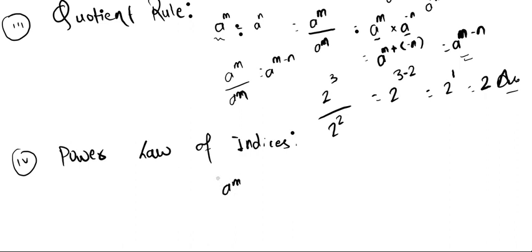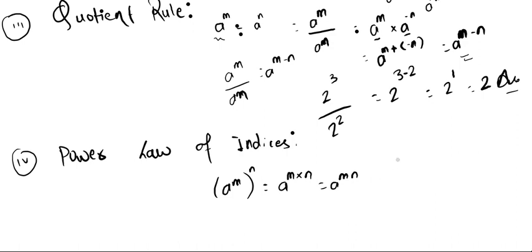Now if I again give a power n to this algebraic term, what will it become? I can write it as a power m into n, or simply a power mn. A power m was already there and I gave power n to it again, so the powers will get multiplied. So the result will become a power mn.